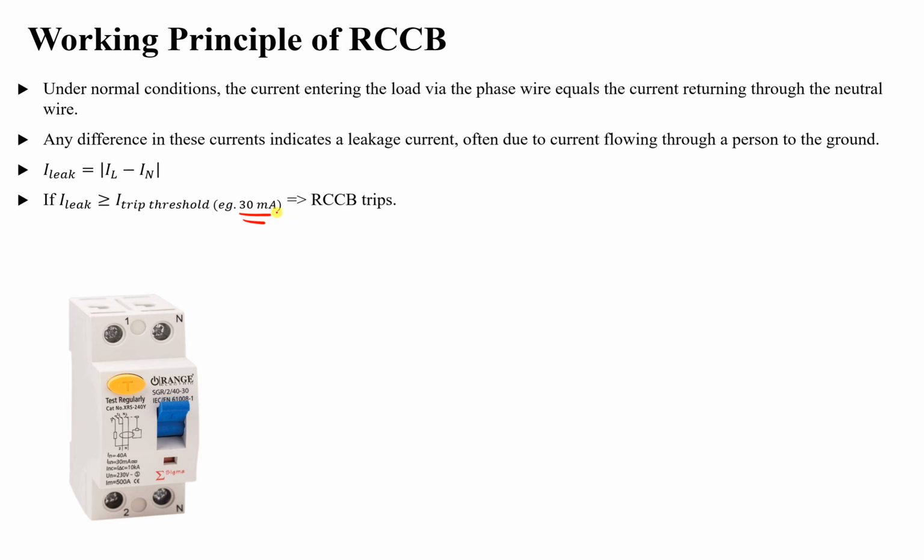If the difference here exceeds 30 milliamperes, this circuit breaker will be activated or trips. Now, why is it a very small value? Because this small value can be harmful to human beings. That's why with a very small leakage current, we start activating our breaker.